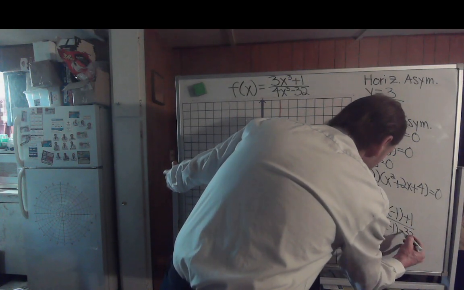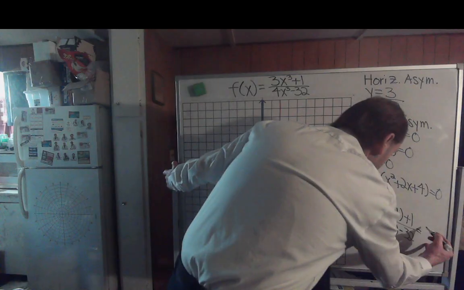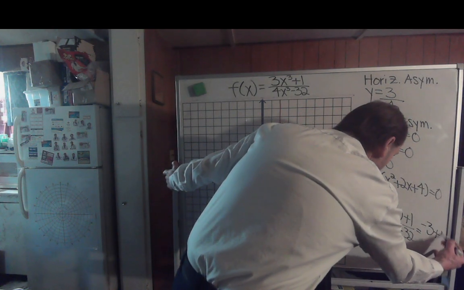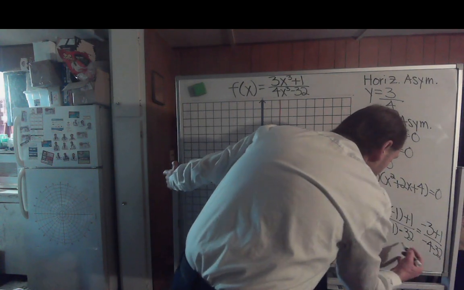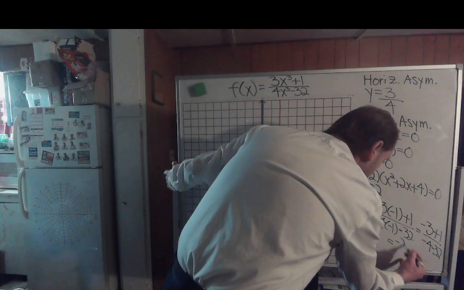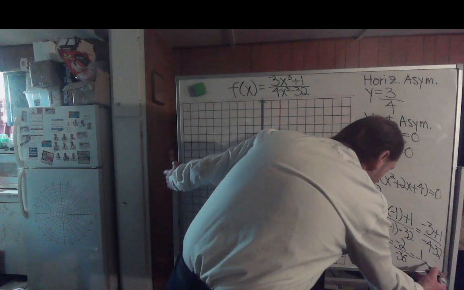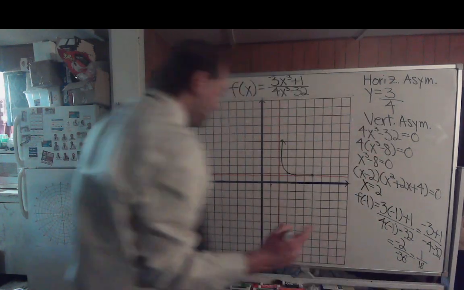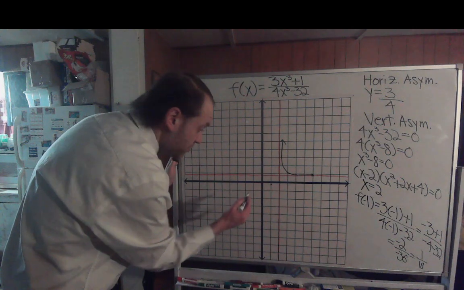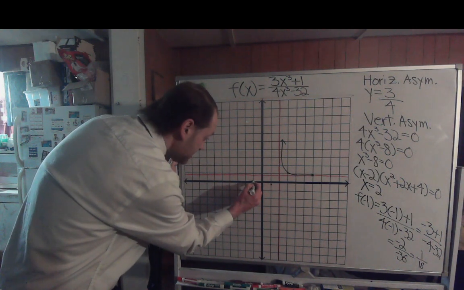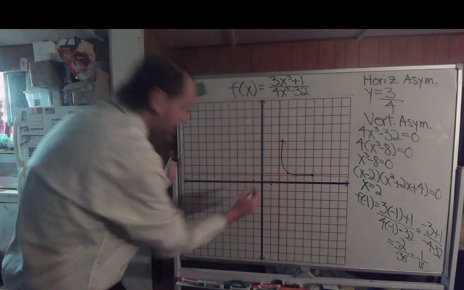Boy, if I could do it right. Well, that would be equal to negative 3 plus 1 all over negative 4 minus 32, which would end up giving me negative 2 over negative 36, or actually positive 1/18. So I finally have a positive y value when x is negative 1. It's positive 1/18. Really small positive value.